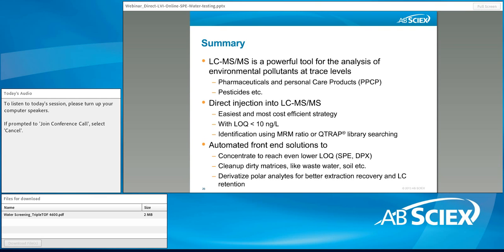And then also I was showing an example of the analysis of glyphosate, a very tricky polar pesticide, but one that has to be analyzed in water samples. Here we used automatic derivatization to get better extraction, recovery, and LC retention for better analysis.